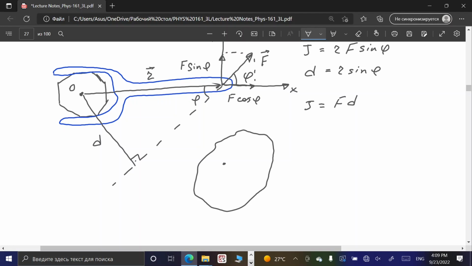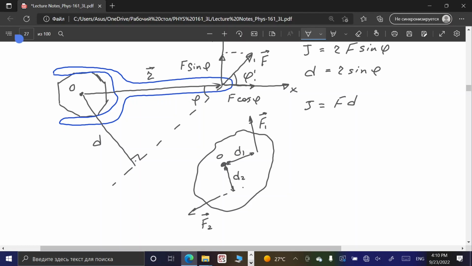Here will be the axis of rotation, let's say O, which goes through this point O. Then we will have two forces. Here will be d1 for force F1, and here will be d2 for force F2.